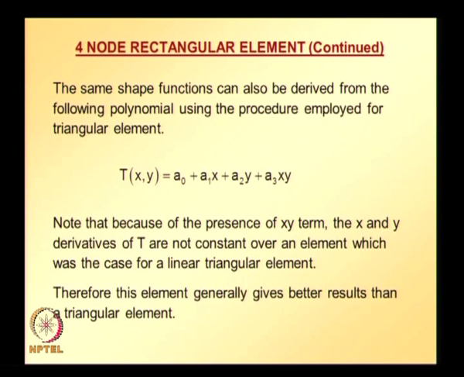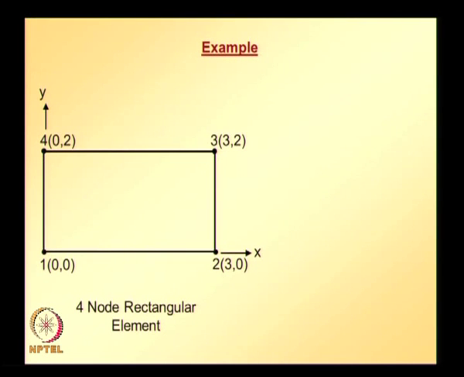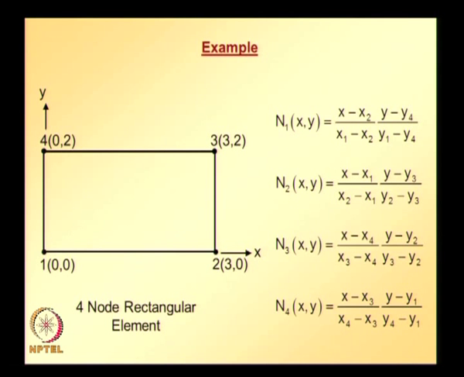So we have seen how to derive shape functions for a 4 node rectangular element using the Lagrange interpolation formula. So we can solve an example like this for shape functions. A 4 node rectangular element is shown, the coordinates of all the nodes are also shown, and the xy axes are indicated clearly in the figure, and these are the shape function expressions that we derived.